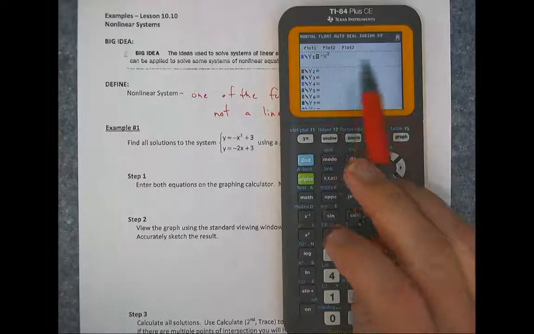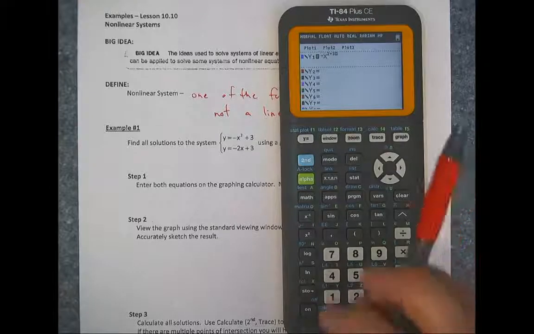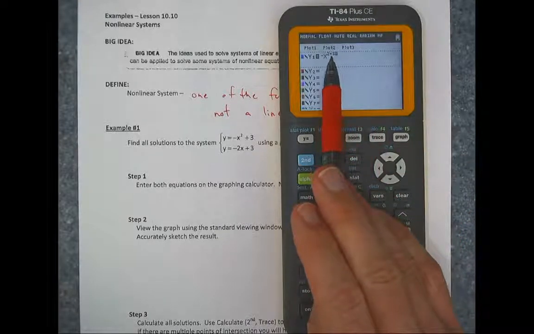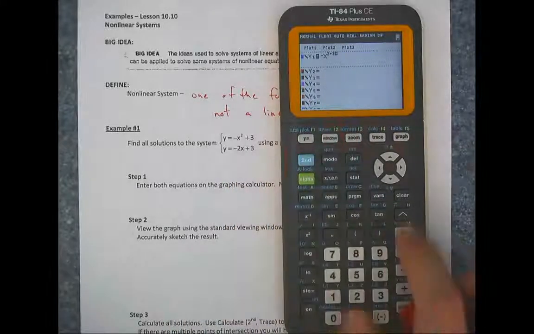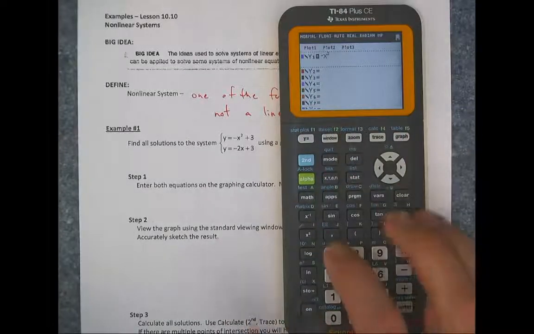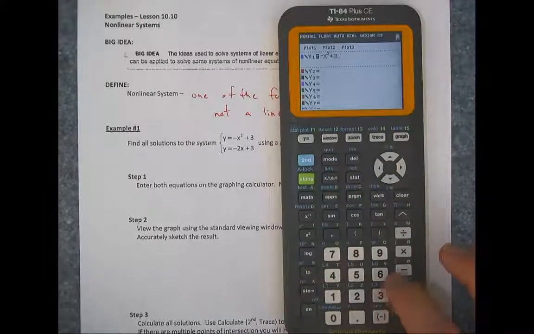But when I do that now and I go to do plus 3, so let's say I just hit plus 3. Notice what happens. It puts that plus 3 up there in the exponent and it says negative x to the 2 plus 3. And that's not what we want. We want the plus 3 separate from that exponent. So I'm going to clear that out. Negative x squared. And then before you do plus 3, you got to hit this to the side. So you see the cursor drops down, and now we're typing there again.